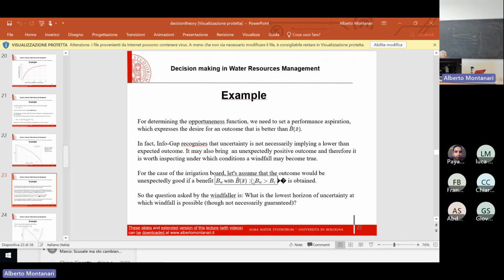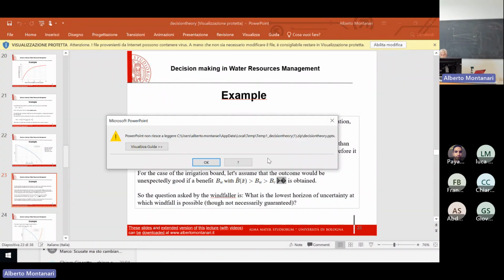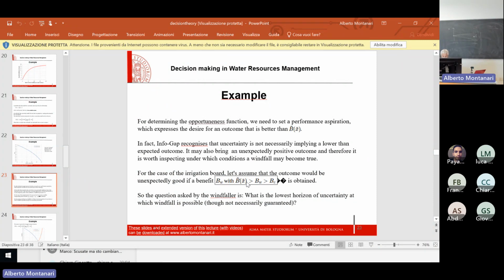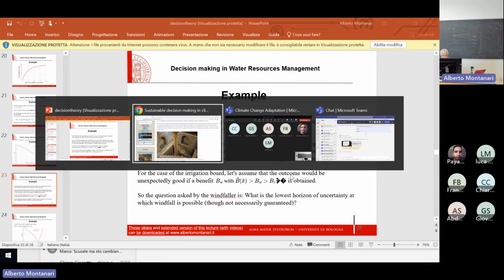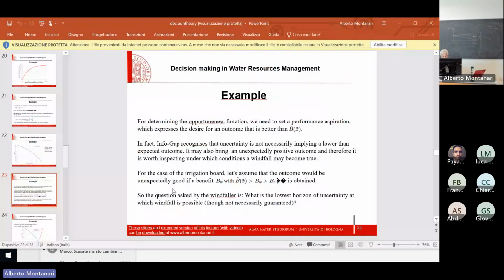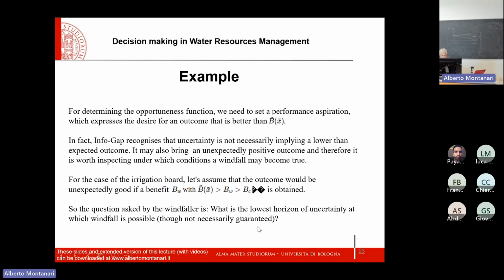It looks like I can't remove this. Okay, grazie. Just give me one second, because I need to extract it. Anyway, it's too late. Let me just try to clarify.